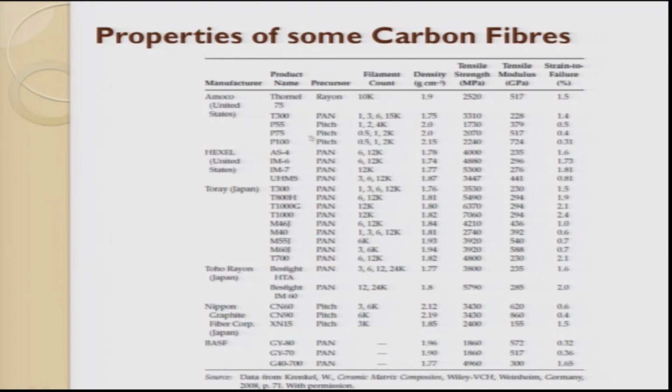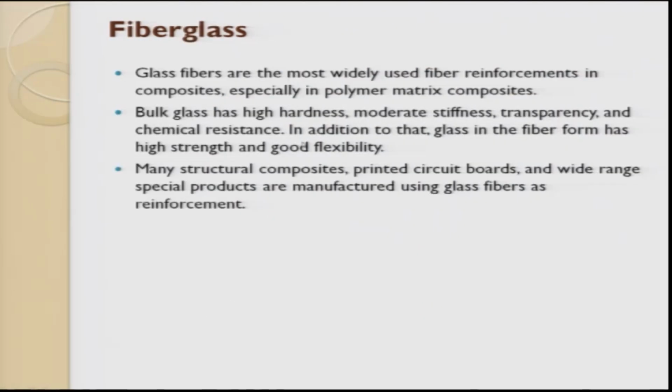Understanding the process of making carbon fibers from PAN itself is a big topic of discussion. We will not get into that. The next most common fiber which is used is glass fiber. Glass fiber is very economical and it has been in the market for quite a long time. Glass fiber is the most widely used fiber reinforced composite.